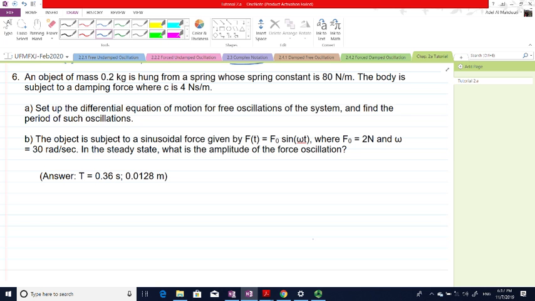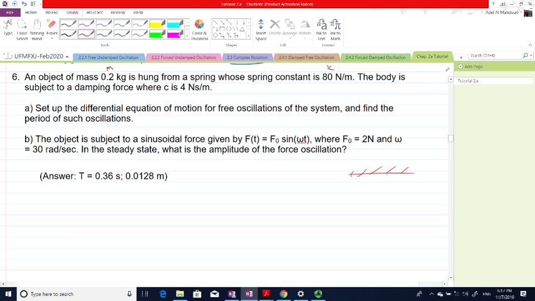An object of mass 0.2 kilogram. The mass is given. It is hung from a spring whose spring constant is 80 Newton per meter, which is the stiffness. The body is subjected to a damping force where C is 4 Newton second per meter. So what's the system?